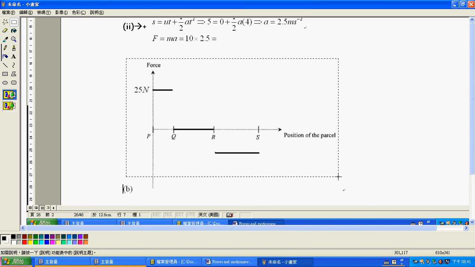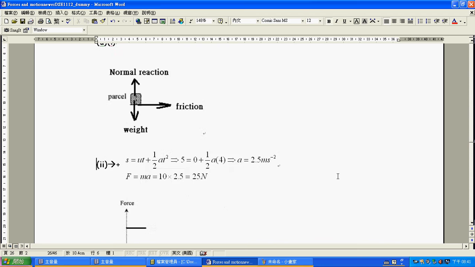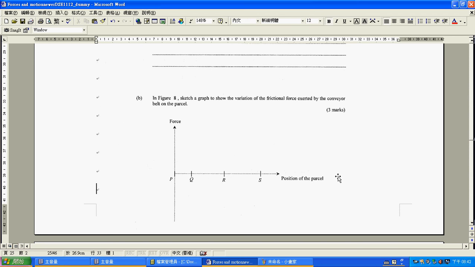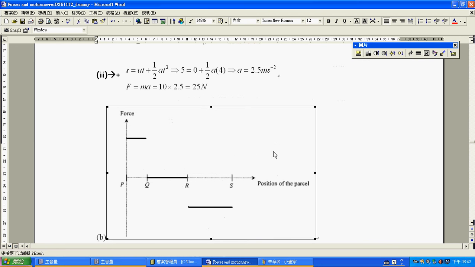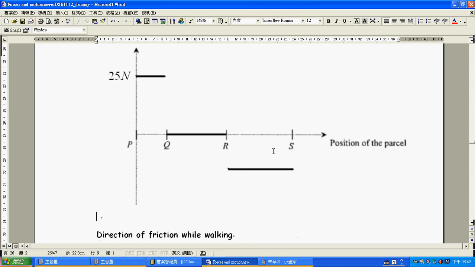From Q to R, there's no friction. Okay, so the part B should look something like this.